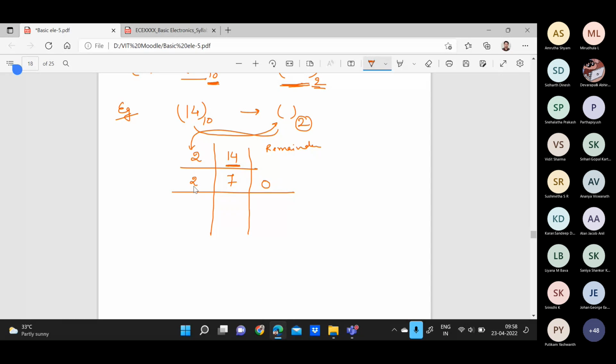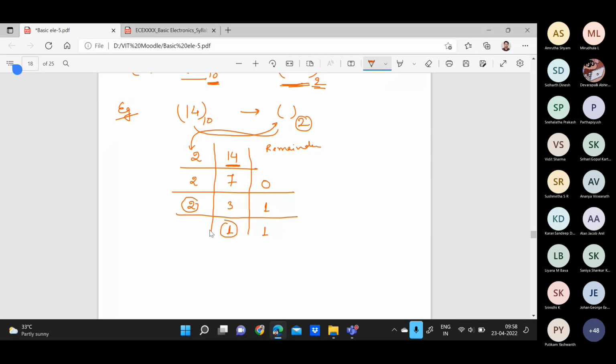Now if you divide 7 by 2, what will you get? It will go 3 times, and the remainder will be 1. Now again you have to divide by 2. If you divide 3 by 2, it will go only 1 time, and you will get a remainder of 1. Now as this number is less than the base, you cannot divide it.